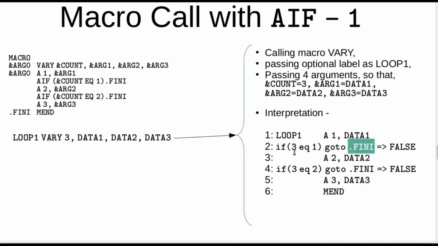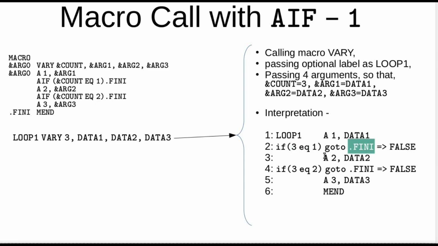Again, if the value of &count, which in this case is 3, was supposed to be equal to 1, then we would go to the statement .FINI. Now in this particular case, this is false, because 3 is not equal to 1, right? So nothing will happen. We won't branch to .FINI. We will move on to the next instruction in sequential order, right?